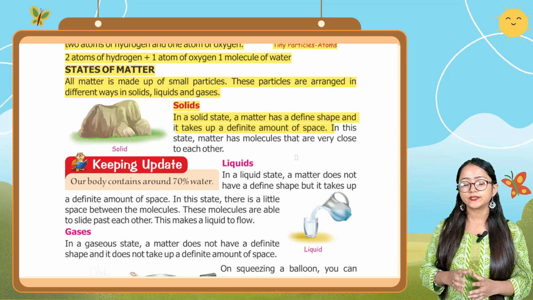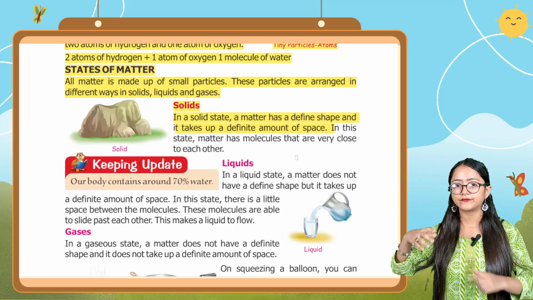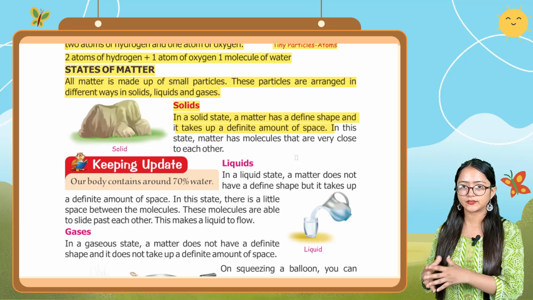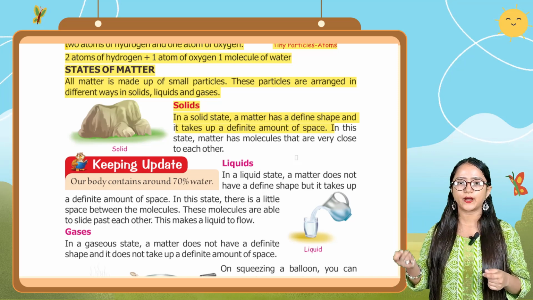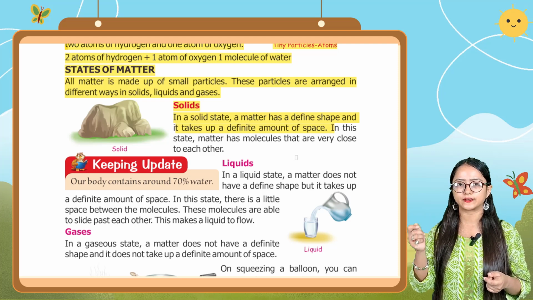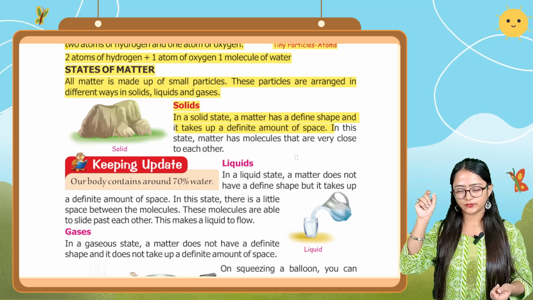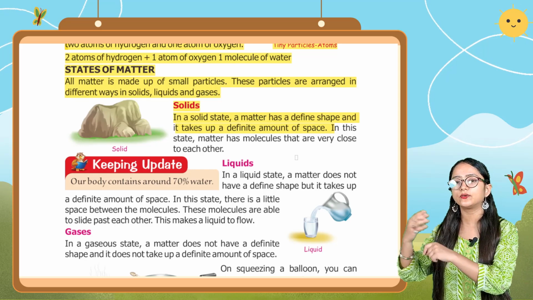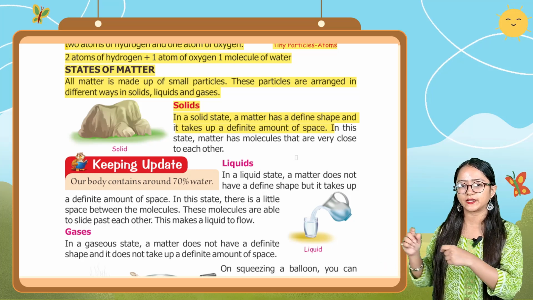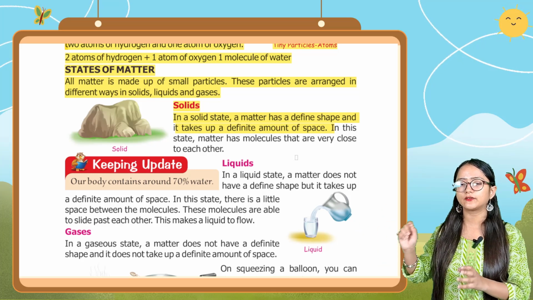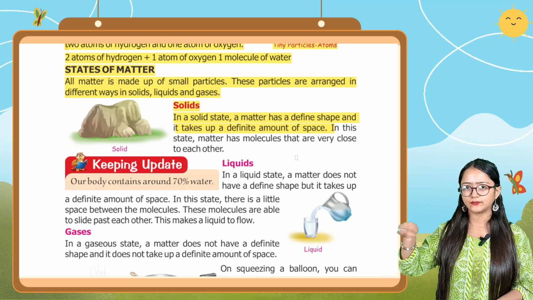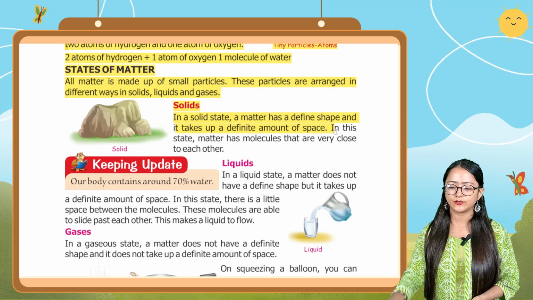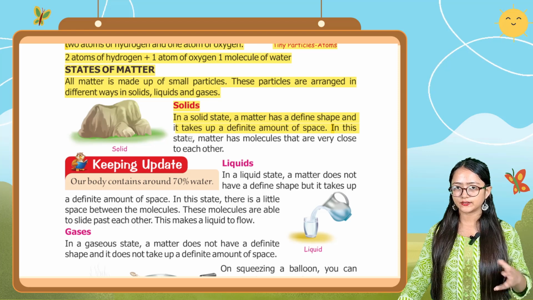For example, your eraser is a tiny part of matter in solid state, and it also occupies some space, a smaller space than a bigger object would. So that eraser is also a solid particle.